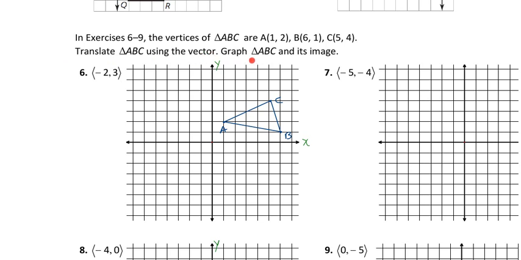Graph triangle ABC and its image. So the vector for each one is given here. The original figure, or the pre-image, is going to be the same triangle ABC for all the exercises. And I actually have it already drawn here for number 6. So you have to draw it, but I already did it here.